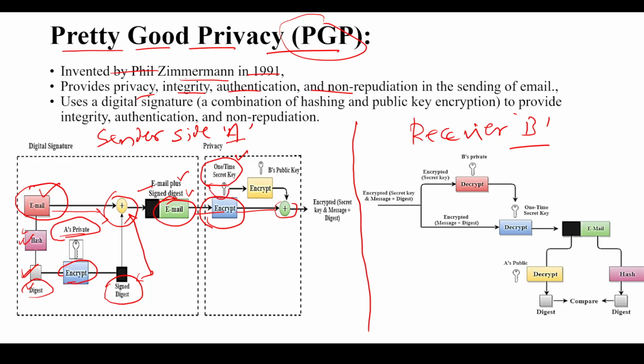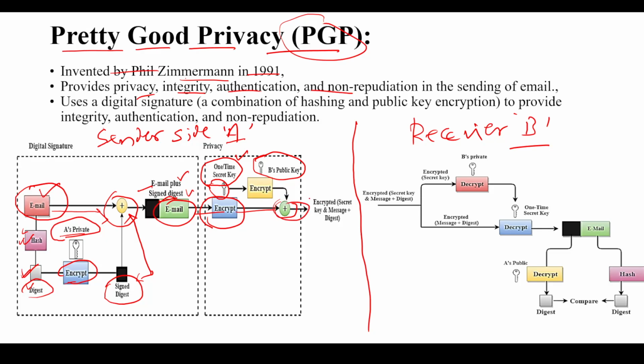That one-time secret key is also encrypted, through the public key of the receiver, B. As mentioned, the receiver is nothing but B. So this one-time secret key is encrypted through B's public key, and then the outcome, the encrypted one-time secret key and the encrypted email plus signed digest, we are sending to the receiver.